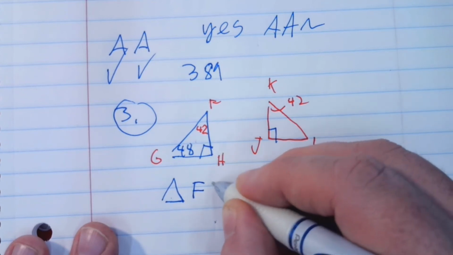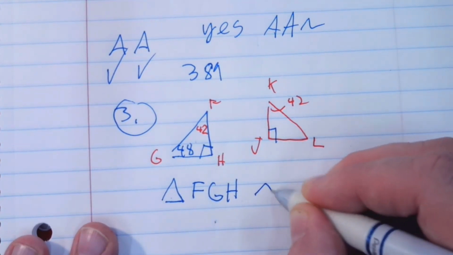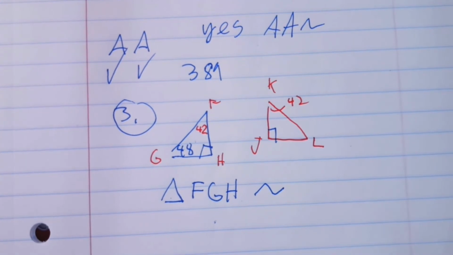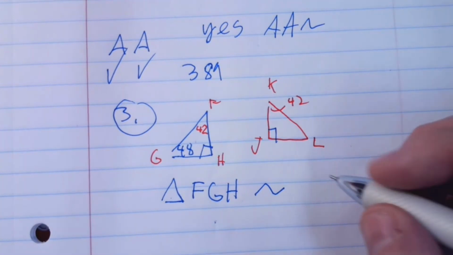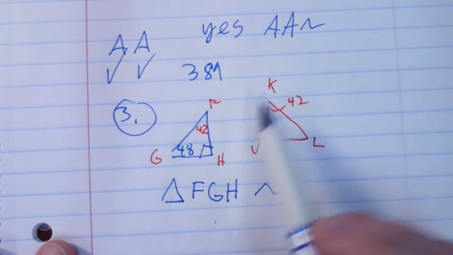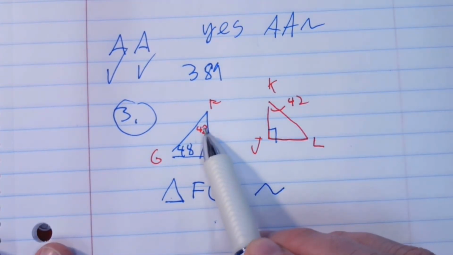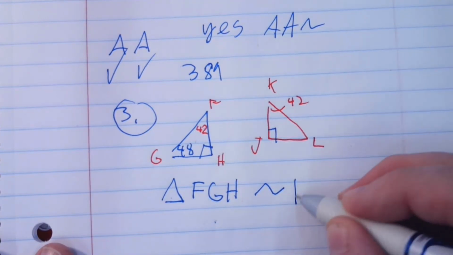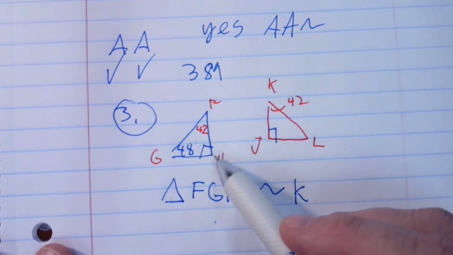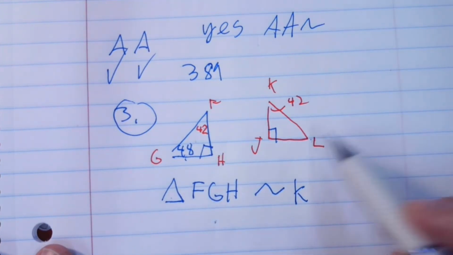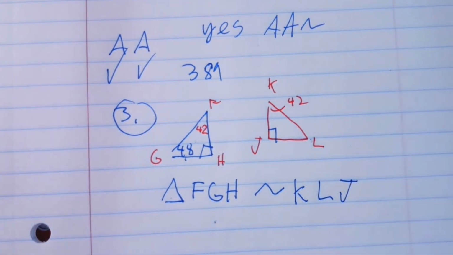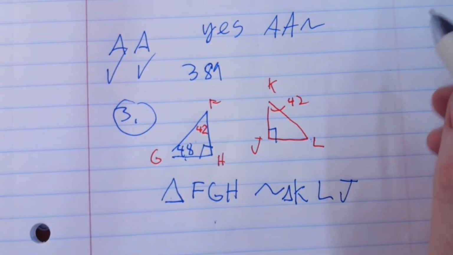So I'm going to do F, G, H. I'm always going to start my first triangle alphabetical just because, let's see what the book does. Yeah, they did a good job on this one. So now I need to match it up. Which one's F going to go with? Okay. Which one's H, G going to go with? L. And that's it, right? I guess I forgot to put a little triangle here. Is that it? Okay, well, that's not too bad.